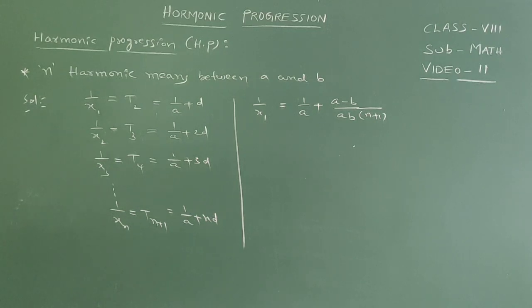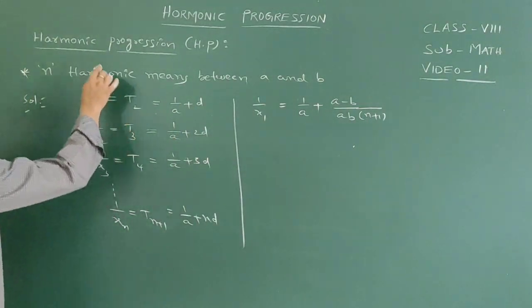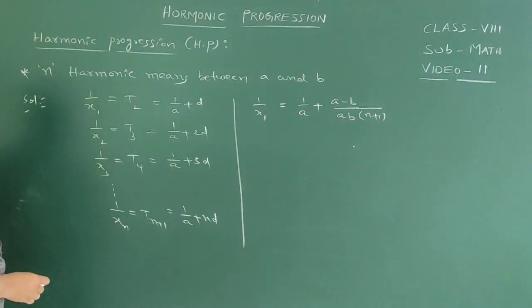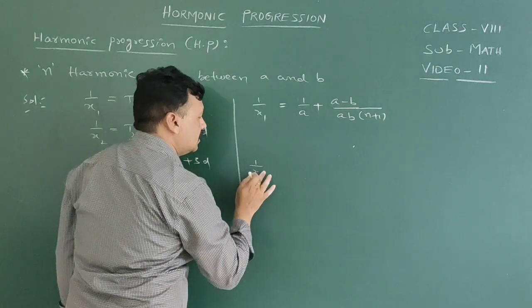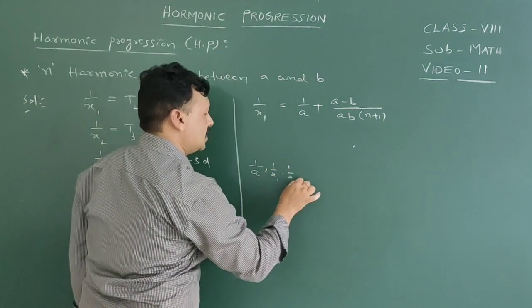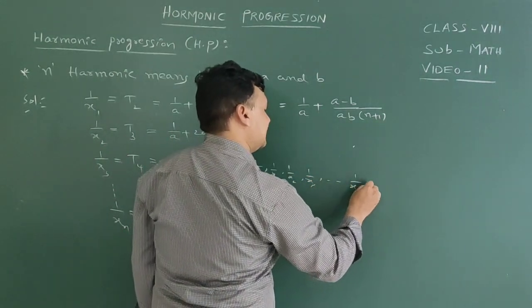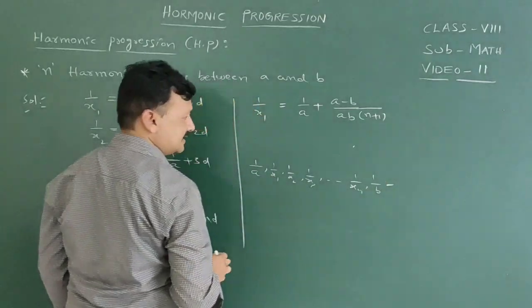Once observe this one. The first mean in AP is 1 by x1, that is the second term. First mean is the second term. Here 1 by a, 1 by x1, 1 by x2, 1 by x3 and so on 1 by xn, 1 by b are the sequence.